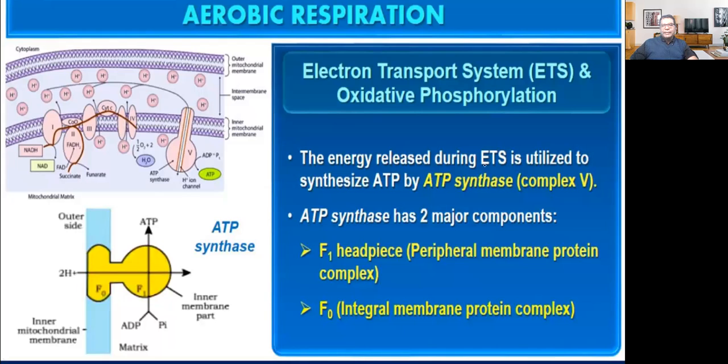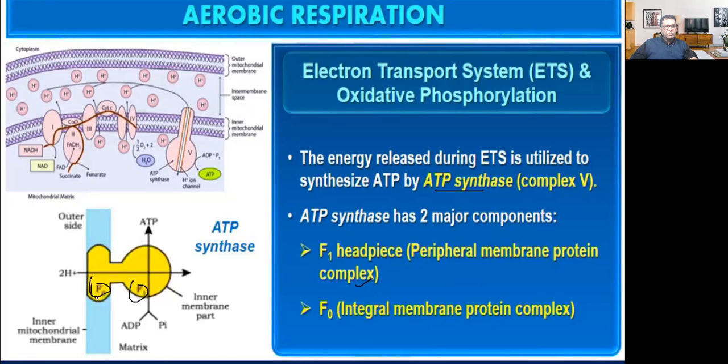So the energy released during ETS is utilized to synthesize ATP by ATP synthase, that is a part of complex 5. ATP synthase has two major components: F1 head, and then F0. F1 is the head piece, a peripheral membrane protein complex, and F0 is an integral membrane protein complex.